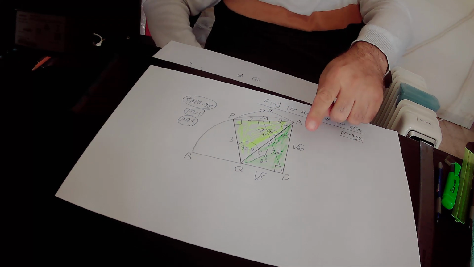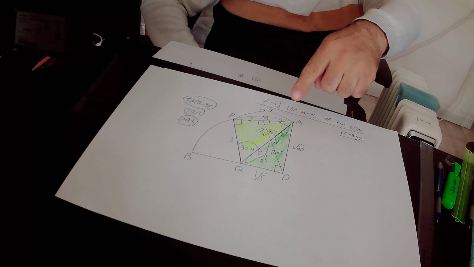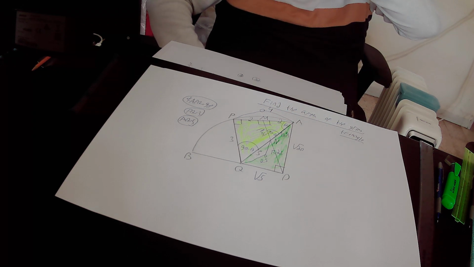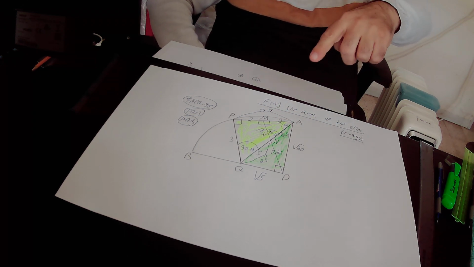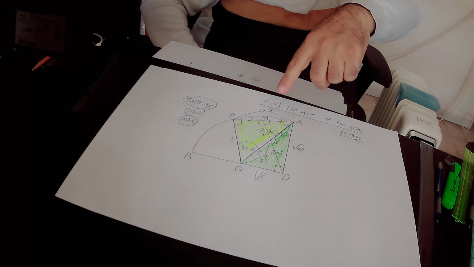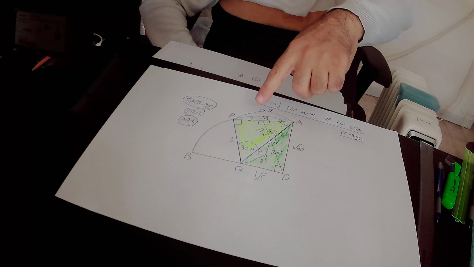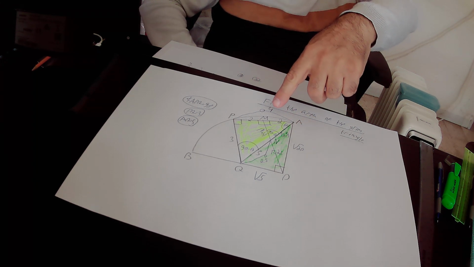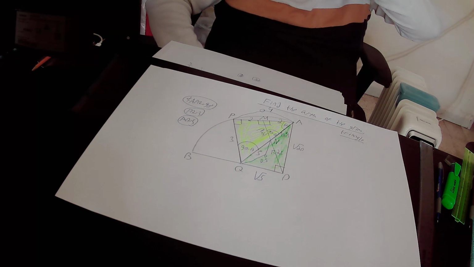According to rule number 2, the perpendicular OM from the center of the circle, that is to say from point O, bisects chord PA. PA equals 4, therefore each part here will be equal to 2 units. PM equals 2 and MA equals 2. Okay?